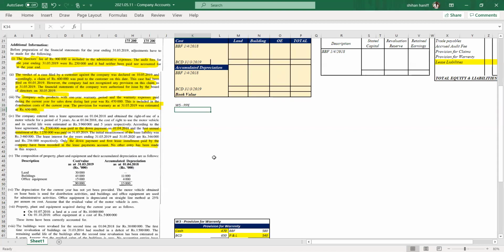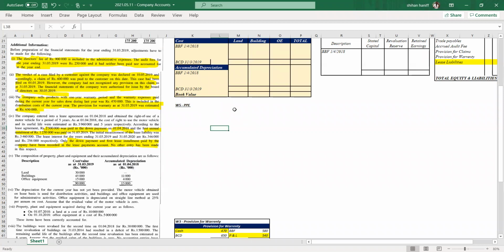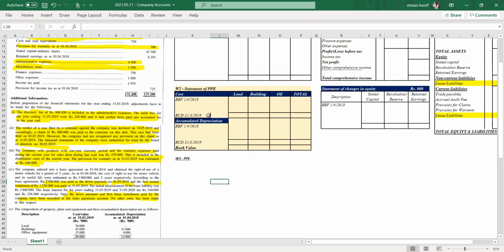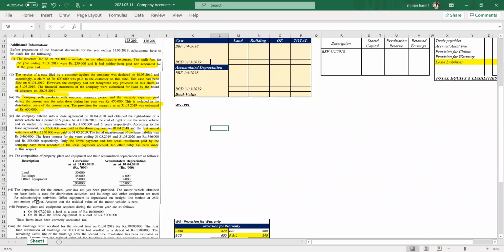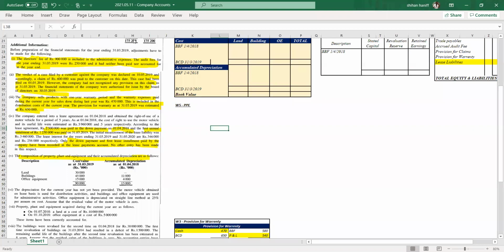Adjustment for PPE. The PPE adjustment says the composition of property, plant and equipment and their accumulated depreciation are as follows.